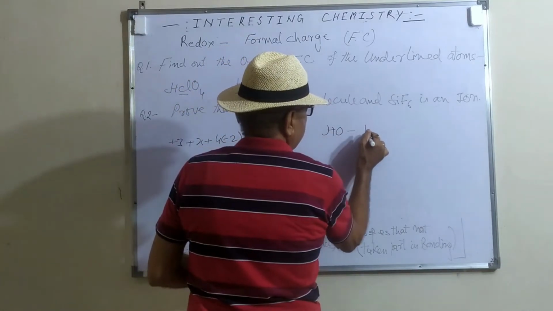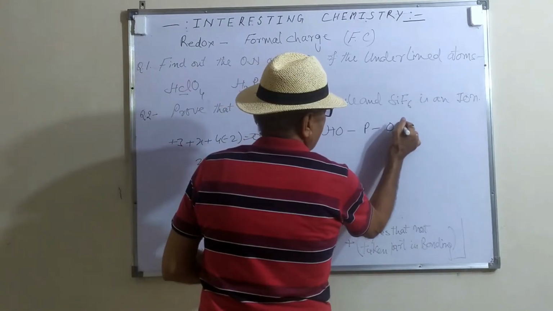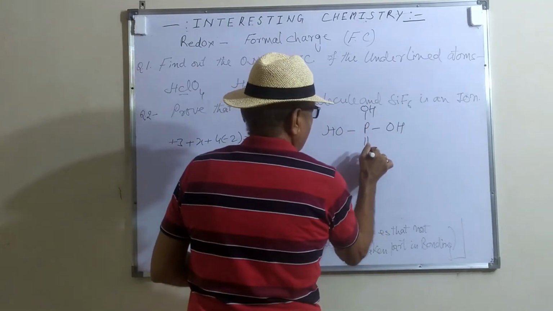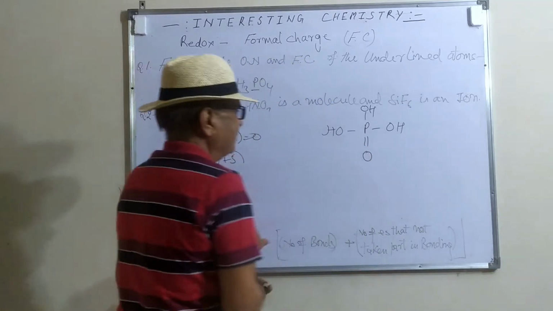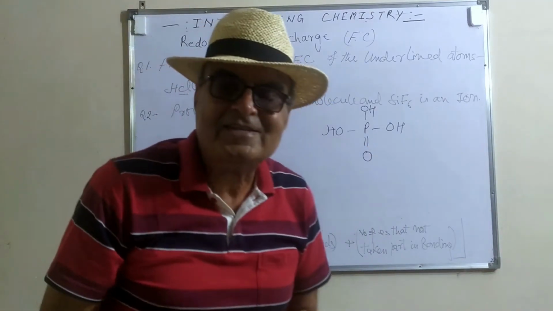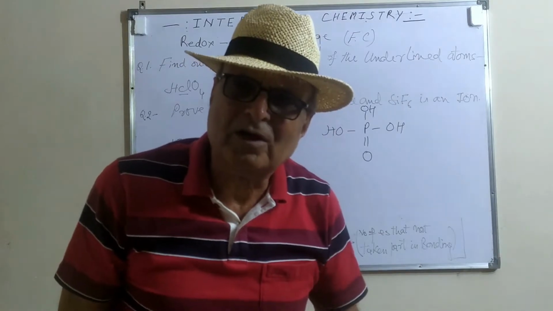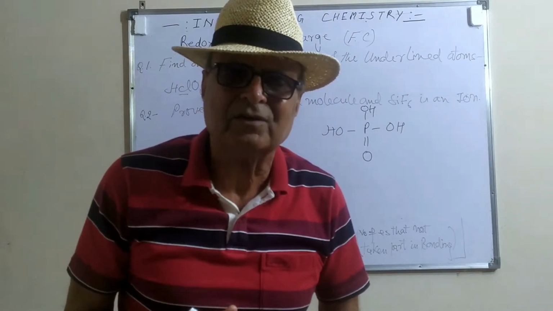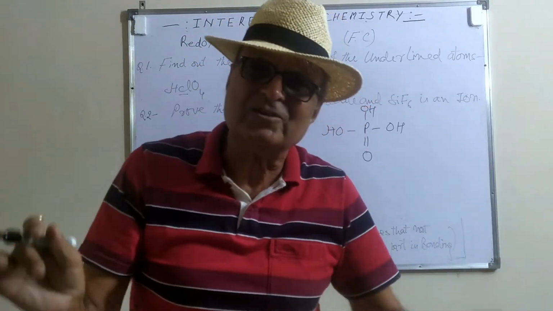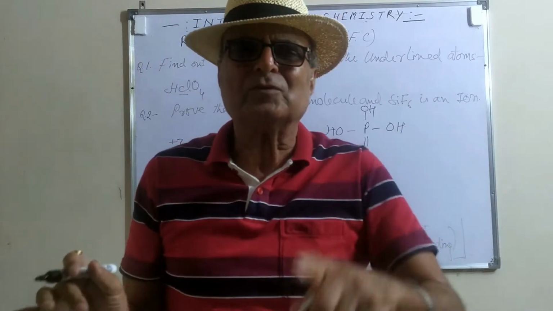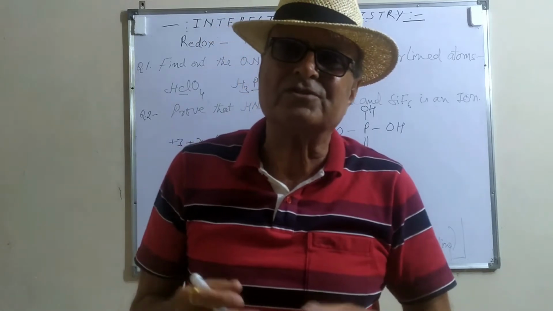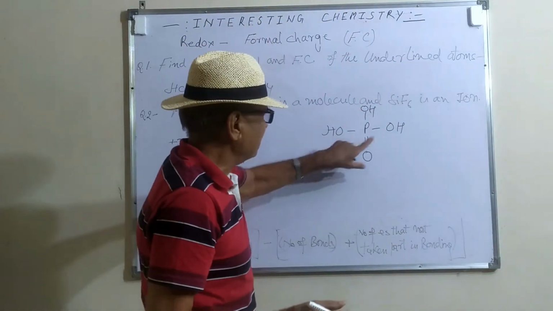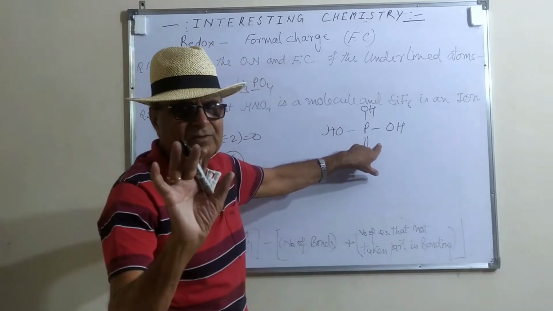This is H3PO4. Is there any coordinate bond around the phosphorus? There is no coordinate bond. So you can say directly that the formal charge of phosphorus is 0.